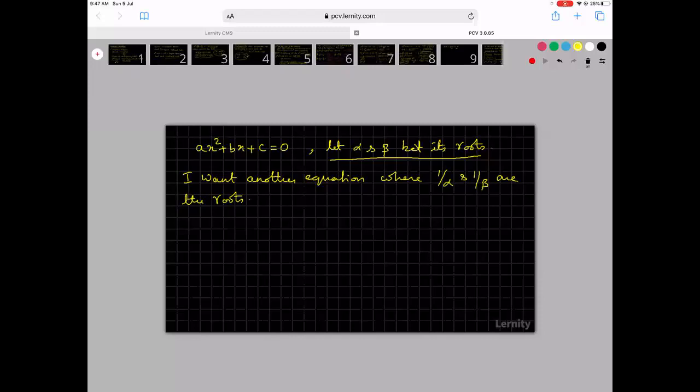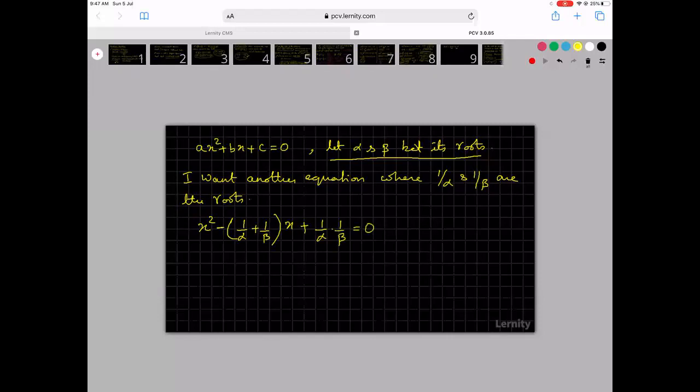So we can construct it. We'll say x squared minus (sum of roots, 1 by alpha plus 1 by beta) x plus product of roots, 1 by alpha into 1 by beta, is equal to 0.